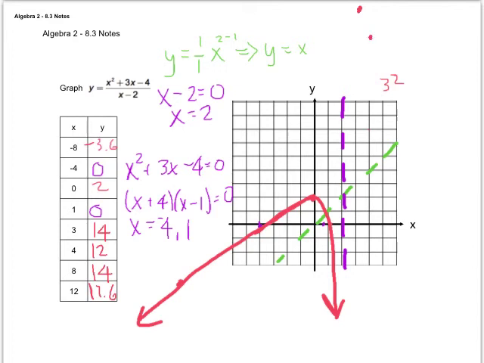And then we've got 8, 14. And so what this guy does is he actually ends up making this shape up on the top. And so if you graph this on your calculator, you'll have to change your window probably just a little bit to see the whole graph, but it's all in there. And again, as this graph on the top goes towards infinity, this guy right here is going to be a boundary for that, so it follows the line y equals x.